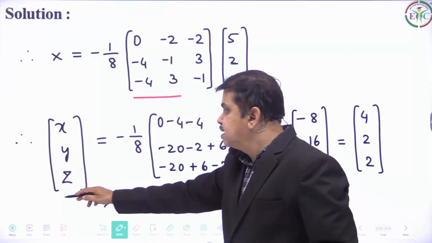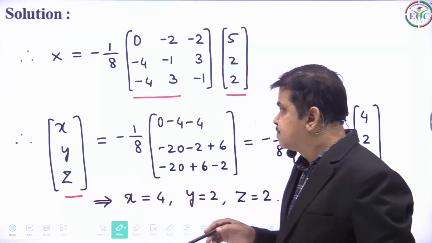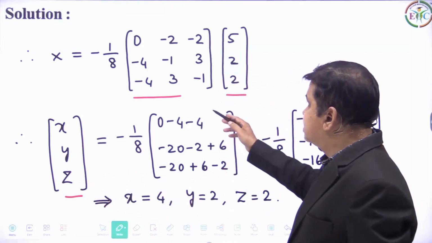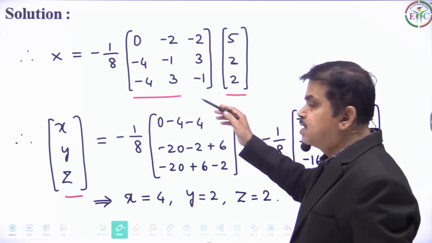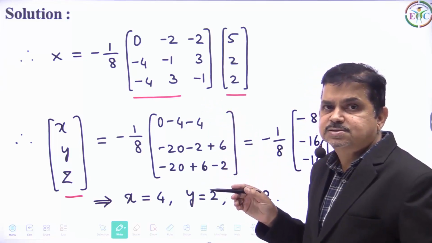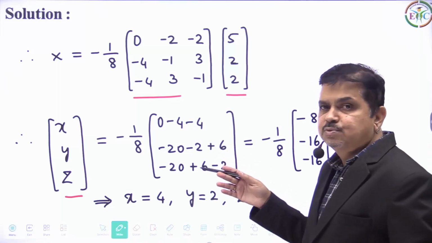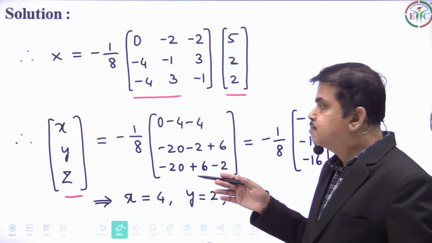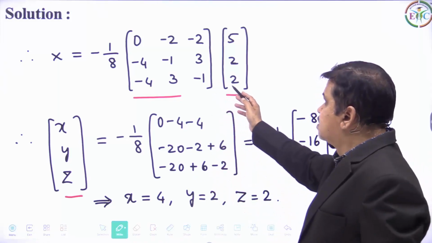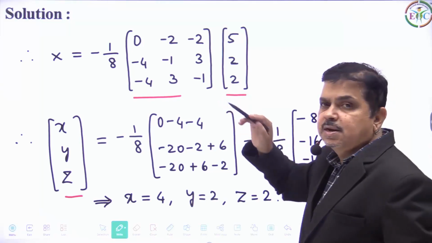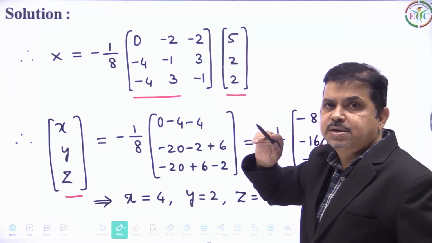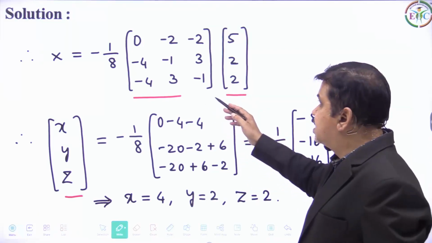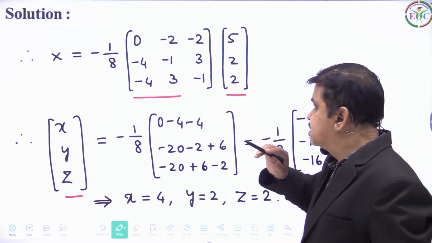On the LHS you have the X matrix. Now we can simplify by matrix multiplication, that is A inverse into B.